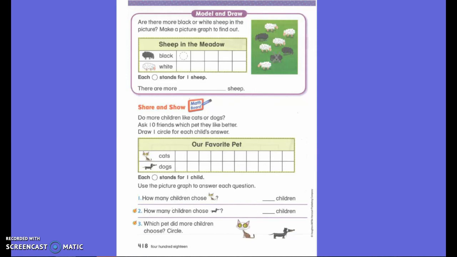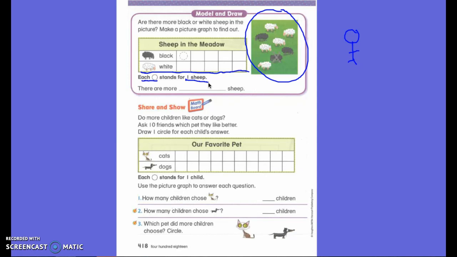I am going to use this picture to help me make my graph. Remember yesterday we saw a person and that stood for one person. Today each circle stands for one sheep. Okay?